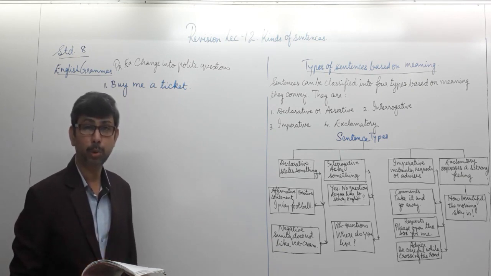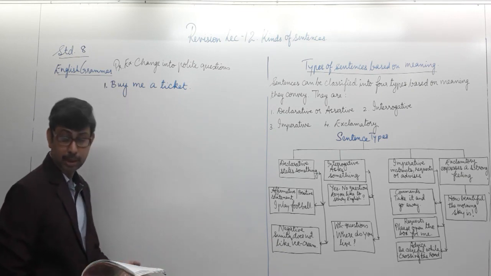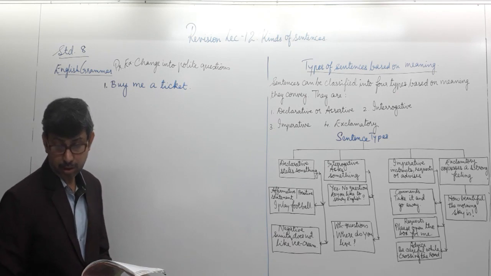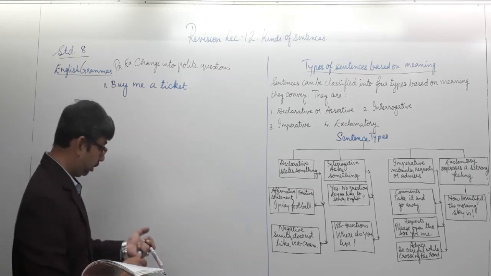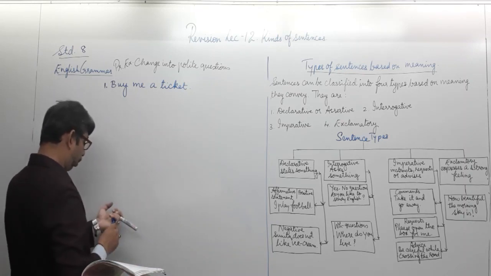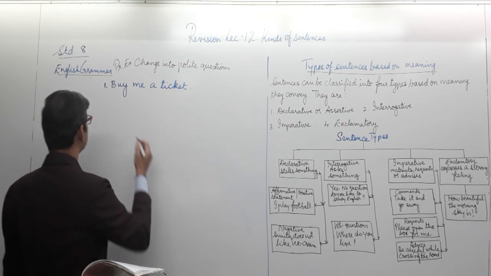You can turn it into a polite question by doing the necessary changes inside it as we learned from our text. Will you buy me a ticket? And then apply a comma and write the requesting word please. Will you buy me a ticket, please?